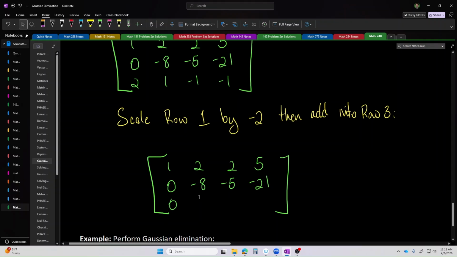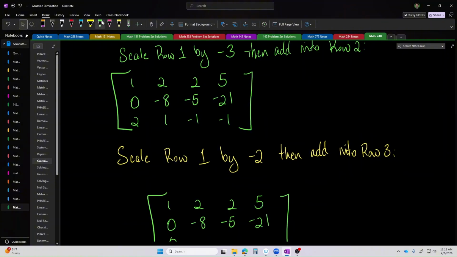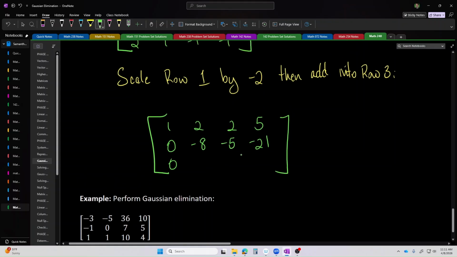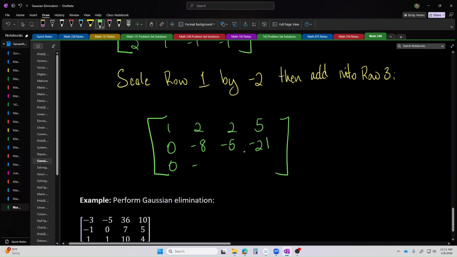Then let's see what happens in the second entries. If I take this 2 and multiply it by minus 2, then that gives me negative 4 at this juncture. Then that negative 4 gets added down into positive 1. So negative 4 plus positive 1 gives me minus 3.